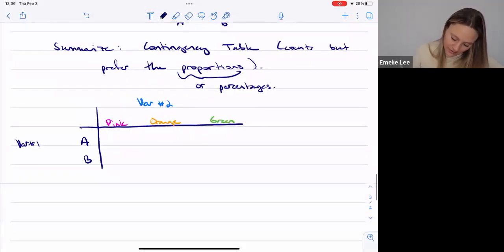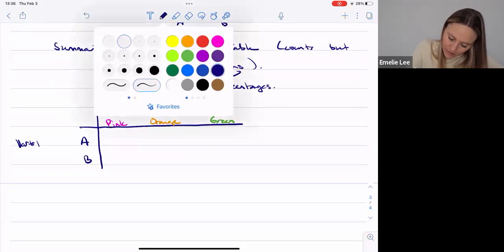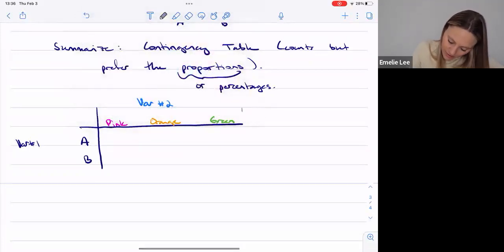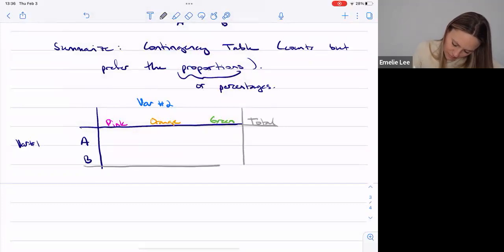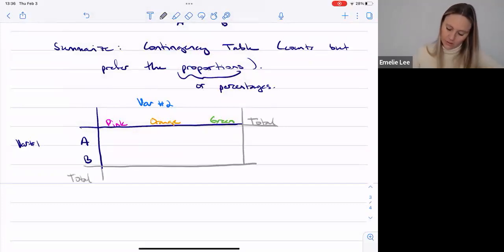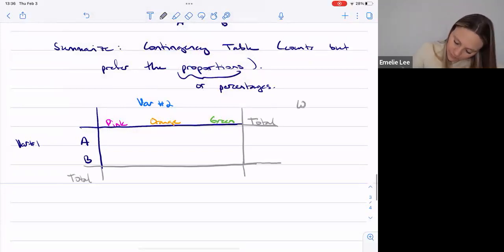Okay, so here, maybe I'll do it in, I'm running out of colors here, but maybe I'll do it in gray, right? I can have the totals, and the totals, right?